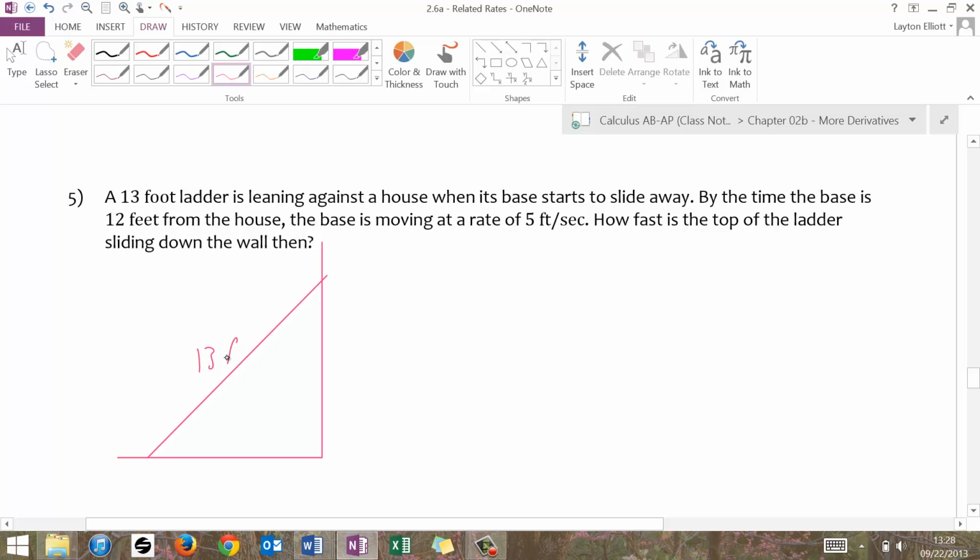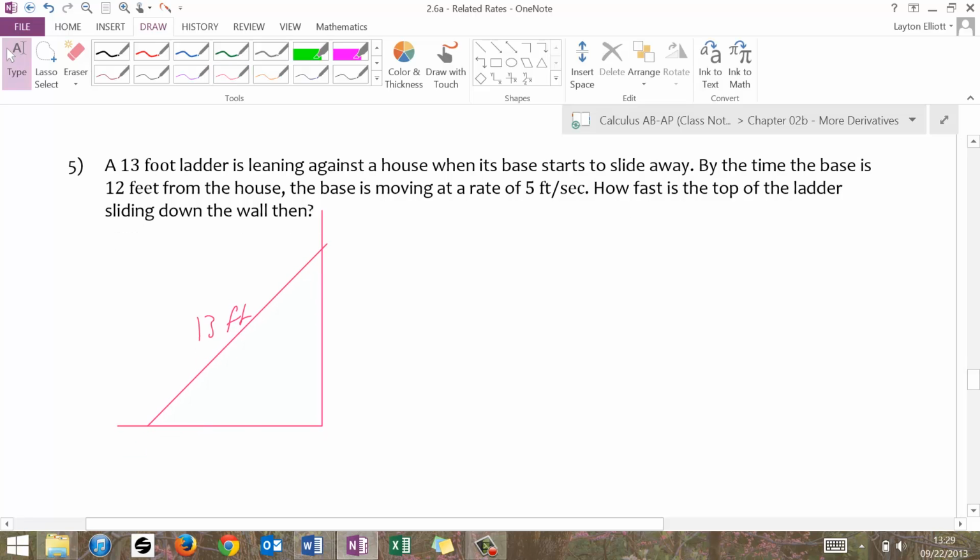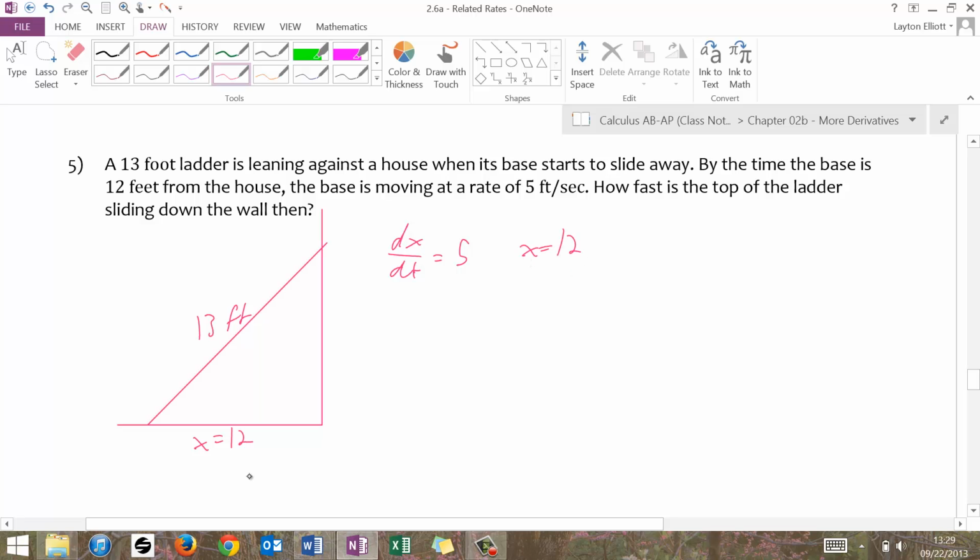So 13 feet, its base starts to slide away. By the time the base is 12 feet from the house, so I'll call this x, and I'll say x equals 12. The base is moving away at a rate of 5 feet per second, so dx/dt is equal to 5. We know that x is equal to 12.